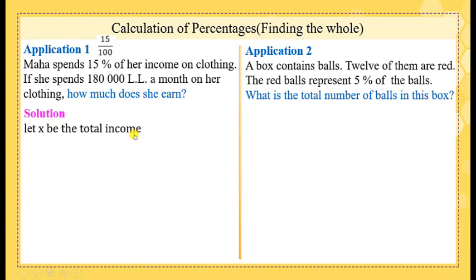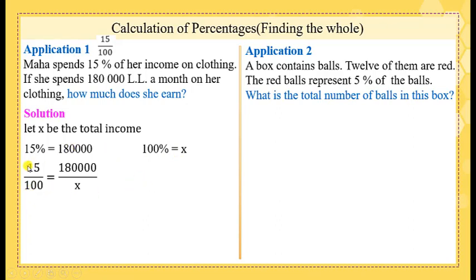To find the second ratio, since 180,000 is 15% of the income, 180,000 must be in the numerator because 15 is in the numerator. And since we have to find the total income, and the total income is represented by 100%, x must face 100.